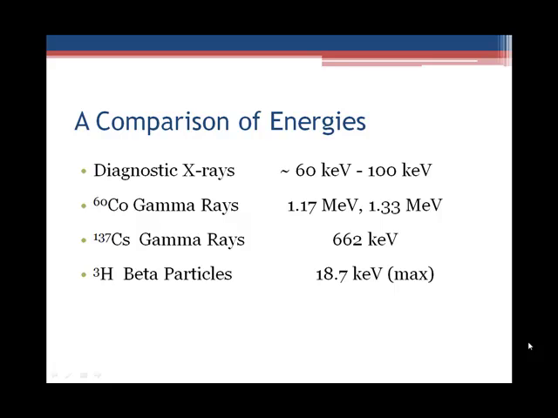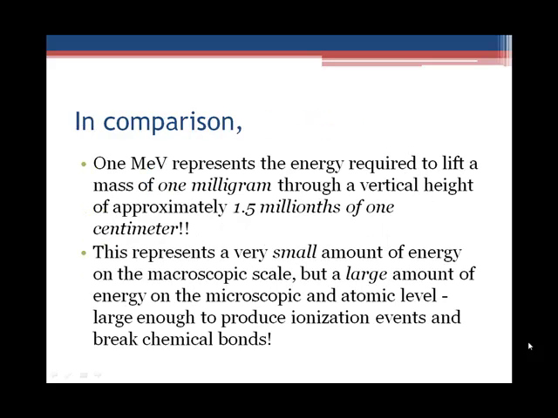This is a quick comparison of energies of different radionuclides used in imaging. One MeV represents the energy required to lift a mass of 1 milligram through a vertical height of approximately 1.5 millionths of 1 centimeter.